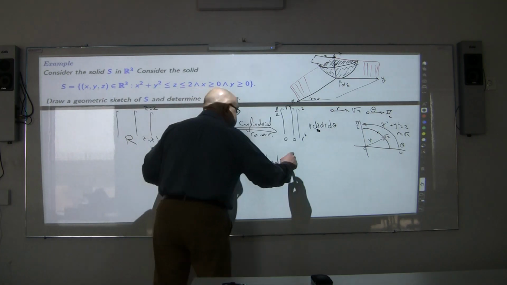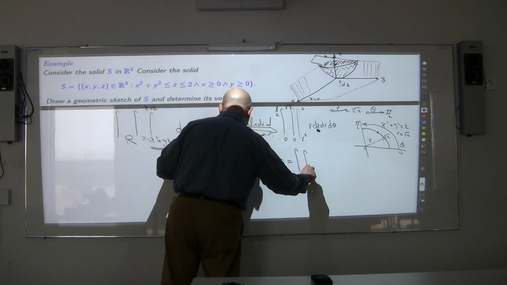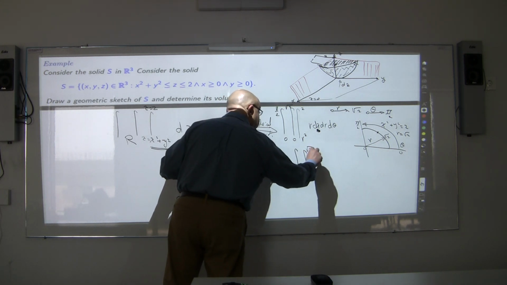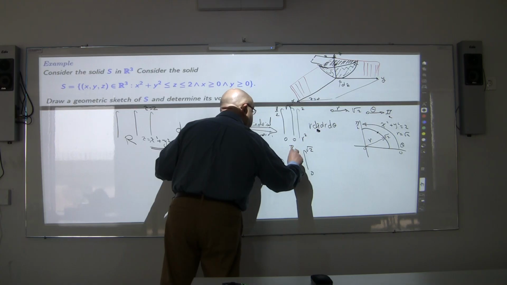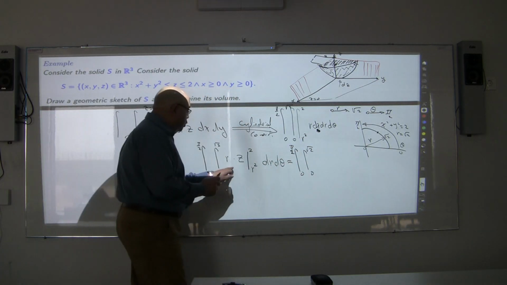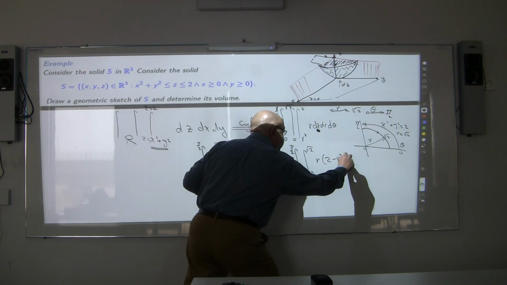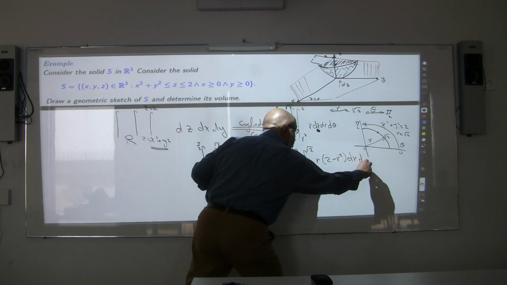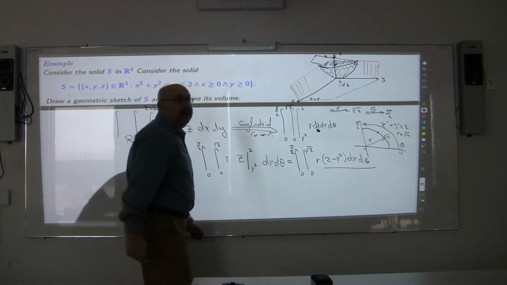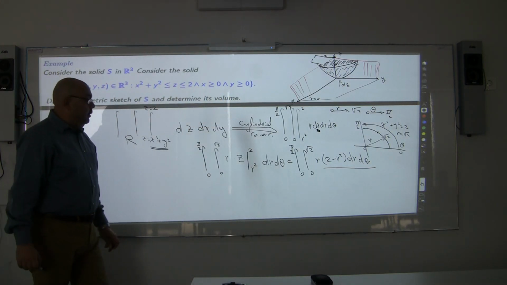The integrand at this time will be, from 0 up to root 2 and from 0 up to pi over 2, the part r times (2 minus r squared) dr d theta, and then I start the integration.